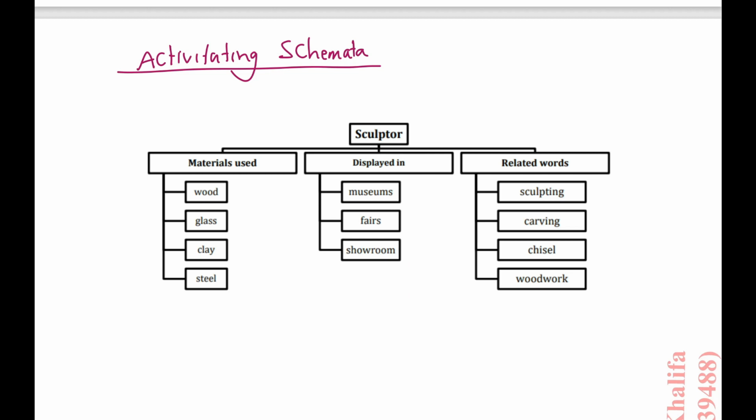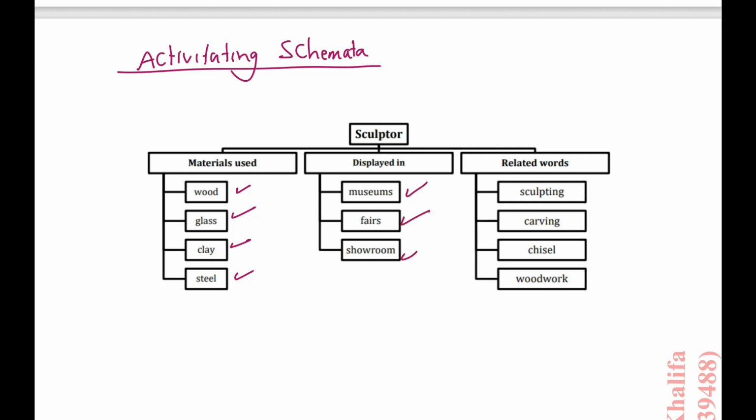If there is a question about materials, it could be wood, glass, clay, steel. What vocabulary have you heard in that context? You understand what I mean? If it is about exhibiting or displaying these sculptures, you might use your background knowledge, and say it could be displayed in museums, in fairs, in showrooms.